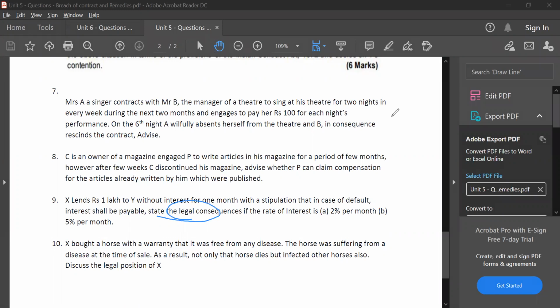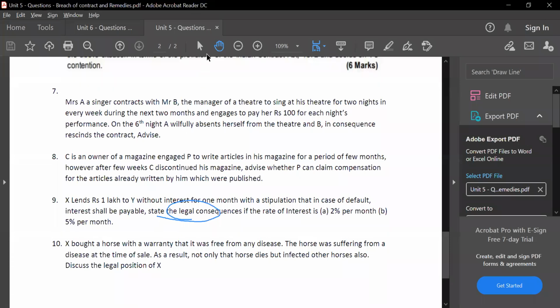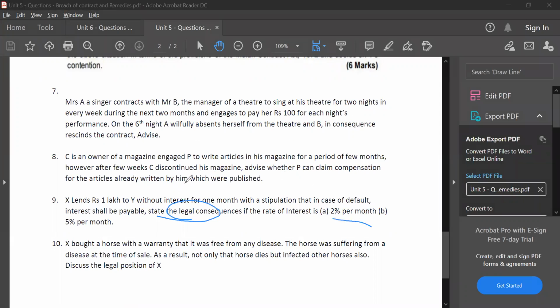Others, just give me your answer for question 9. Others, answer, guys. Very simple. If it is 2% per month, now follow very carefully, guys. X lends 1 lakh to Y without interest for 1 month with a stipulation.